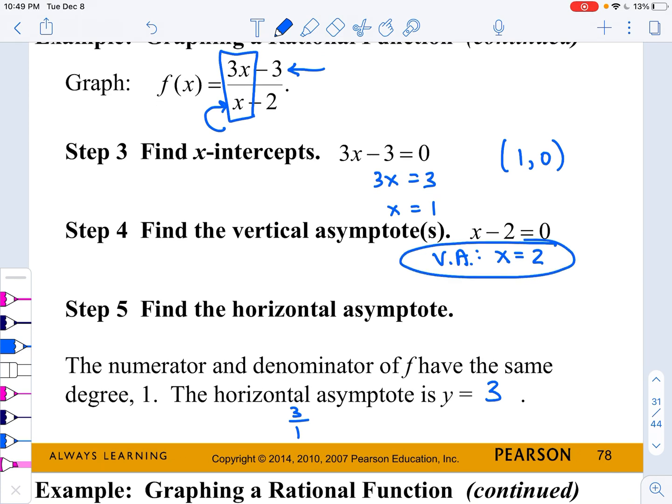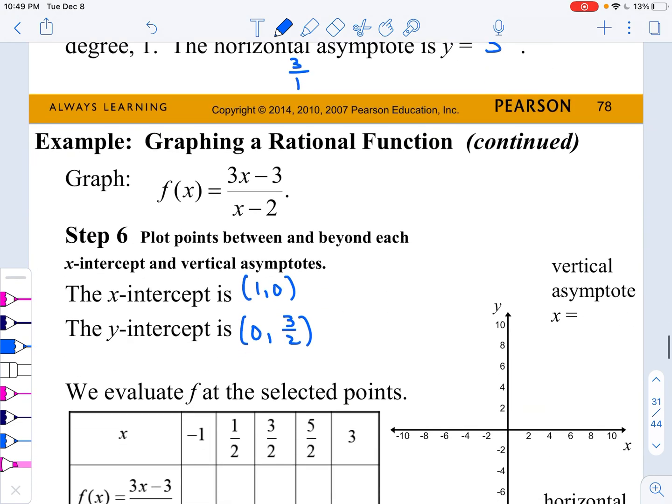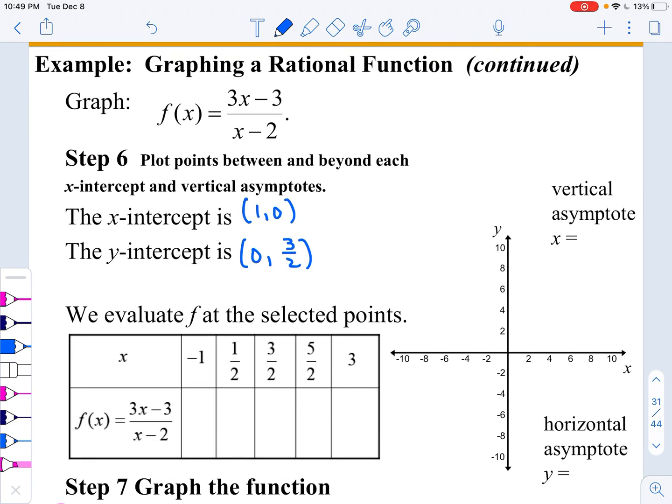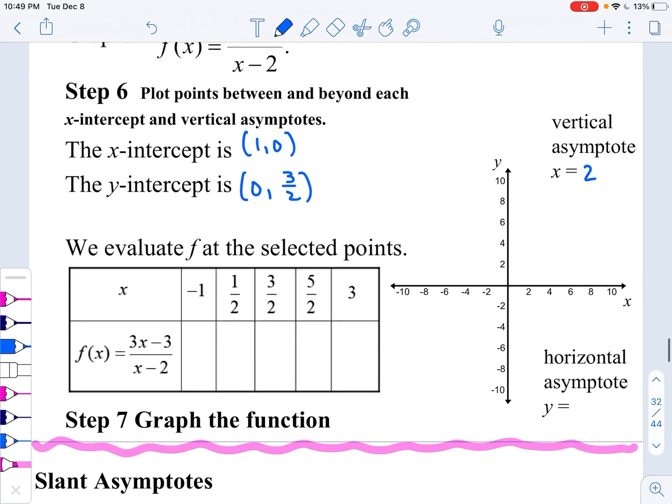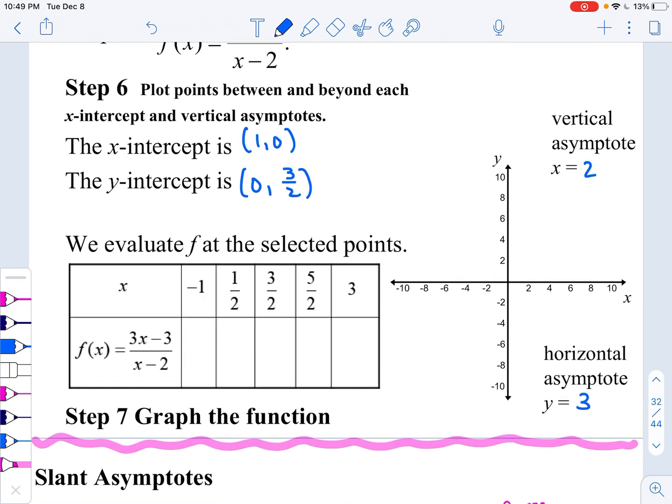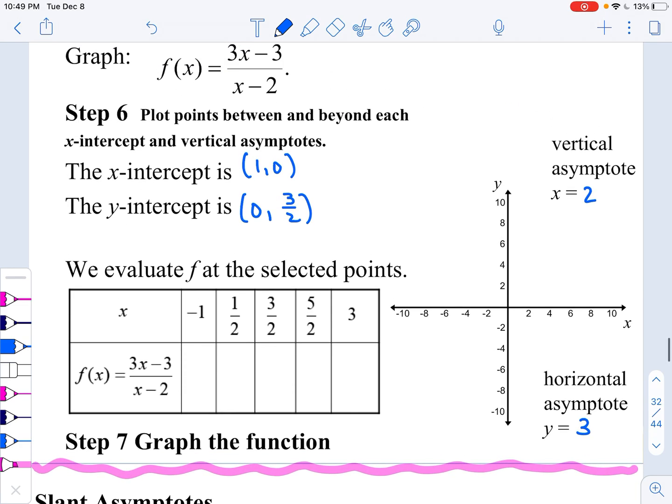We have a vertical asymptote at x is equal to 2, and our horizontal asymptote, y was equal to 3. If I draw some of those in, x value of 2, not perfect, that's really terrible.